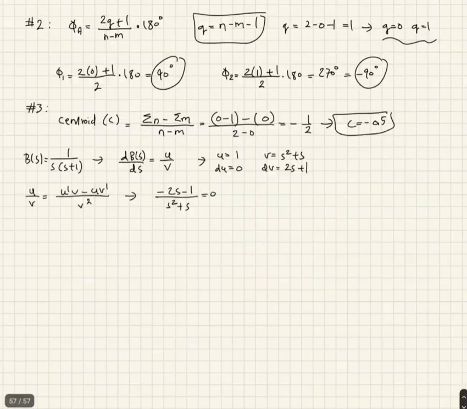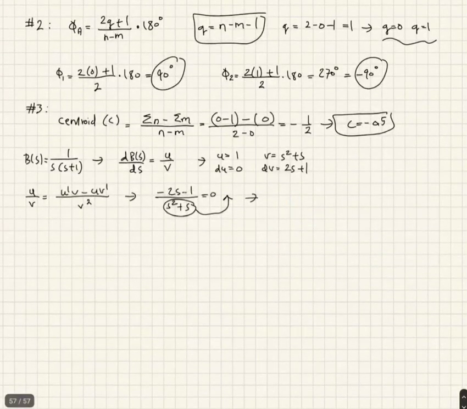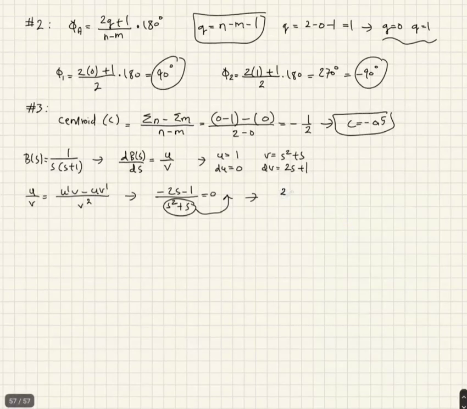So if we try to solve for s, this term multiplies by 0, becomes 0. So we are only left with a negative 2s, negative 1, and if we just change the signs, it's going to become 2s plus 1 equals 0, and s equals negative 1 over 2, negative 0.5. So this is our breakaway point.